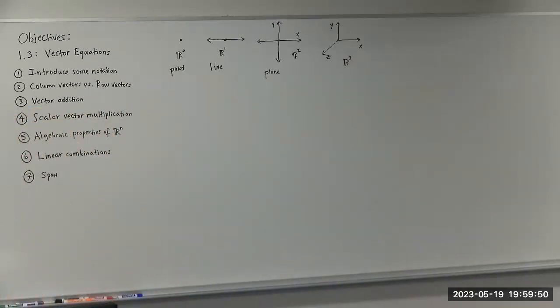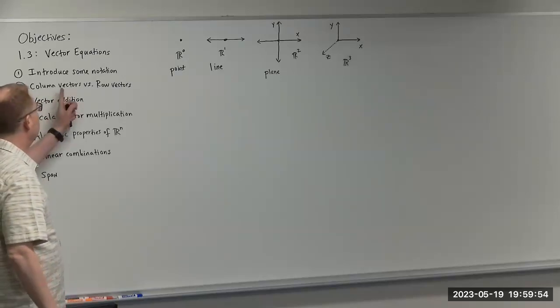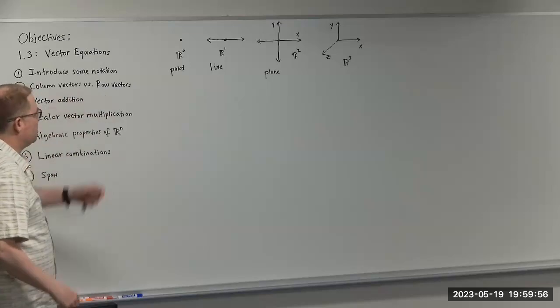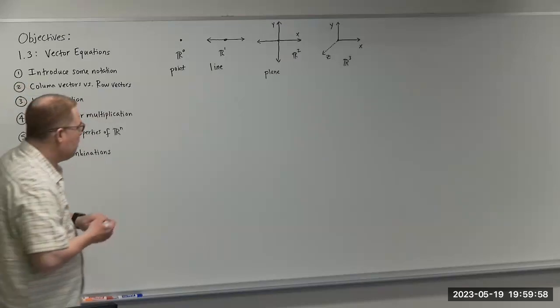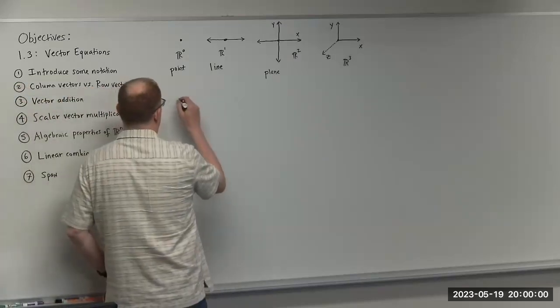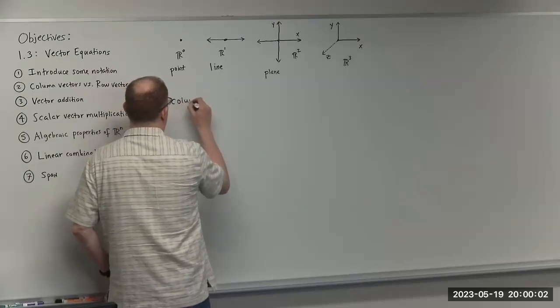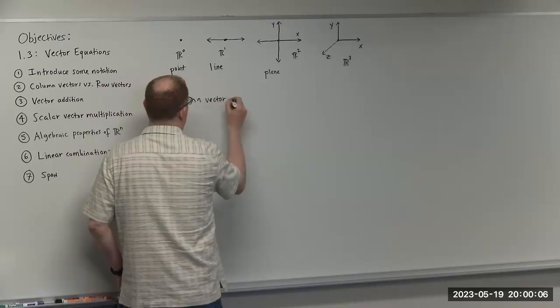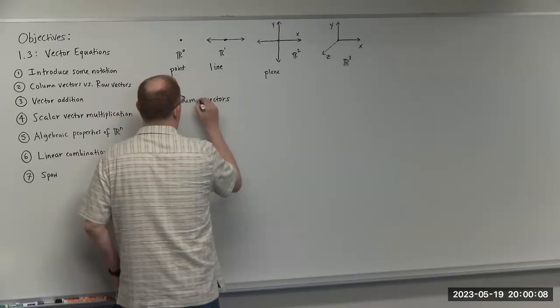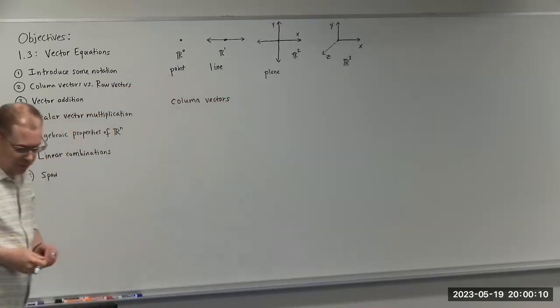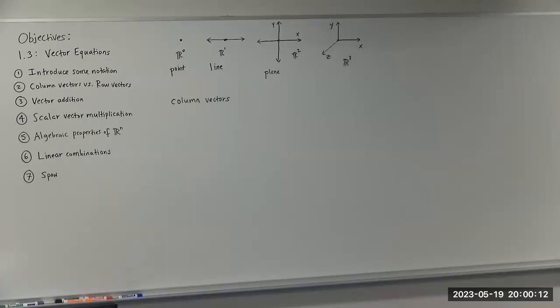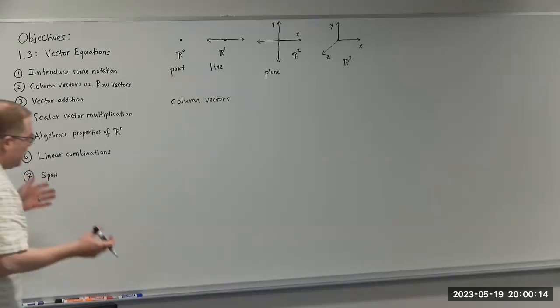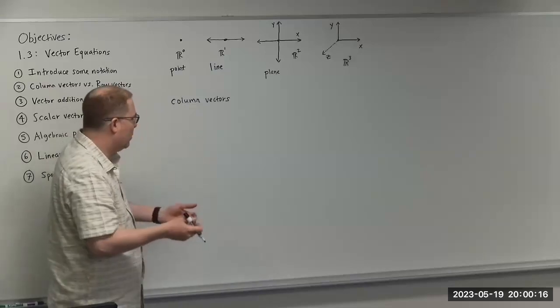All right, so then let's now talk about column vectors versus row vectors. Column vectors are typically written, as the name suggests, in column form.